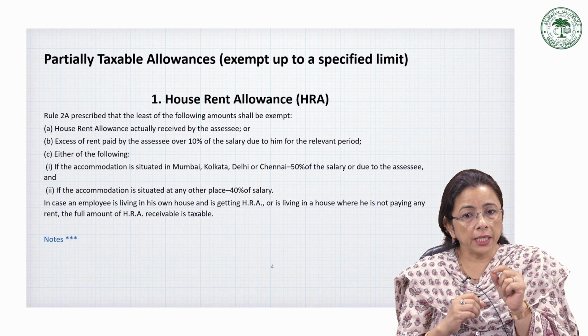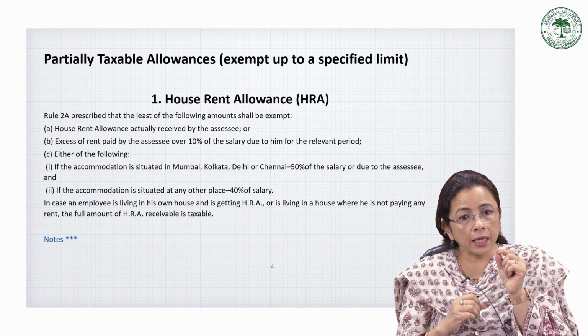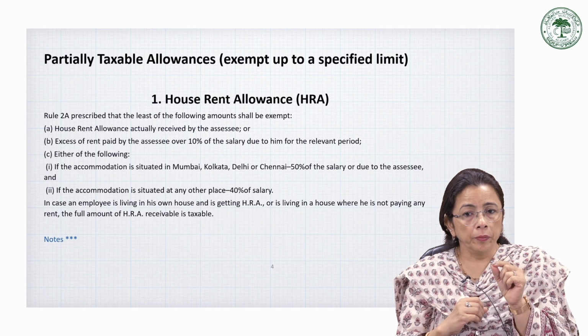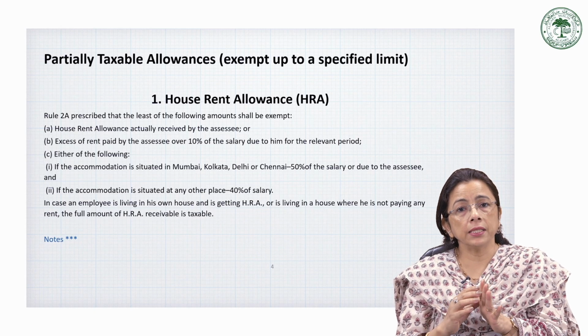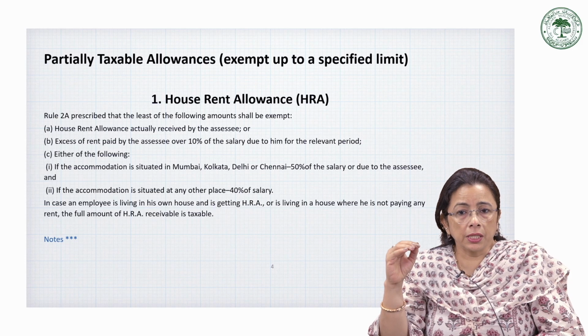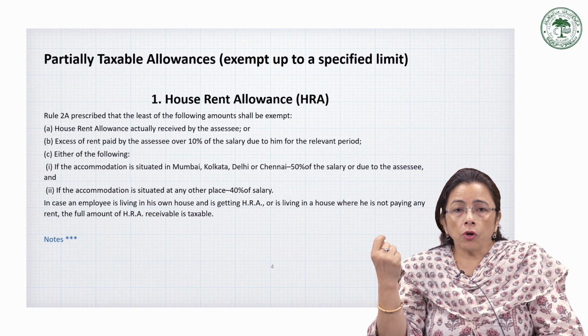So if the accommodation is situated in these metro cities, only then is the amount of 50% to be considered: Mumbai, Delhi, Kolkata, Chennai. Otherwise, if they are not residing in these metro cities, then it is 40% of the salary. That is all over India.